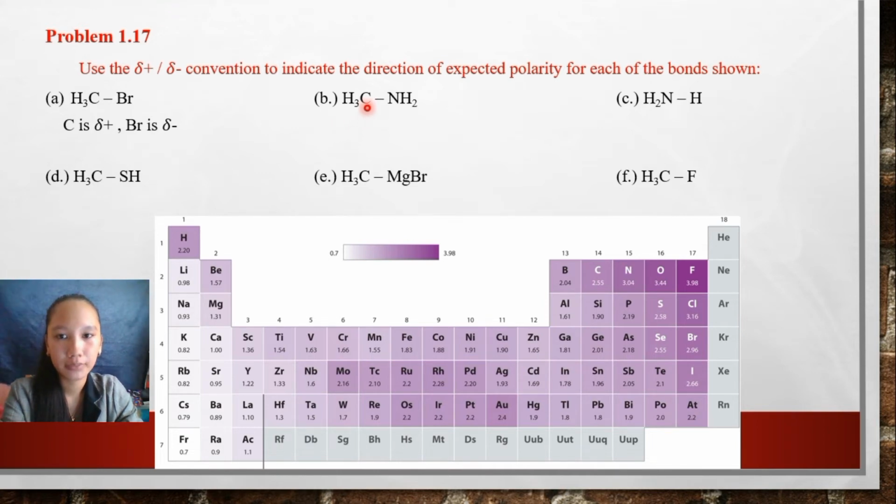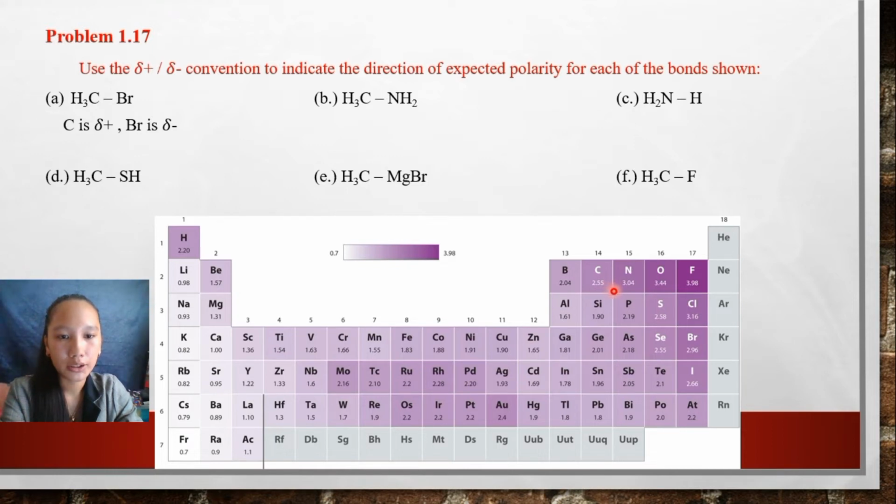Letter B, C and N. C's electronegativity value is 2.55 and N's electronegativity value is 3.04.